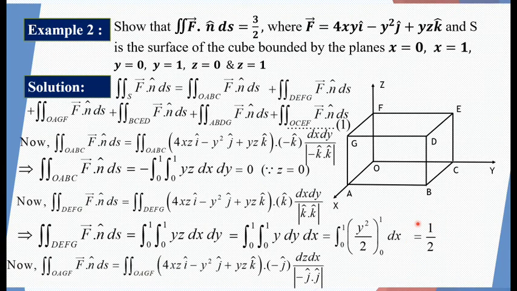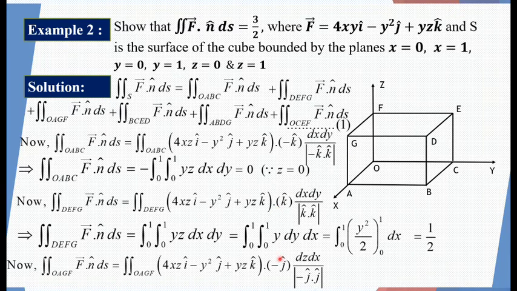Now moving on to the third case, that is the double integral over OAGF of vector f dot n cap dS. So vector f is this. Now see, OAGF is a plane, it is an xz plane. So in this particular case, y is 0 and n cap will be, now see, it is on the left hand side, so the n cap will be negative.